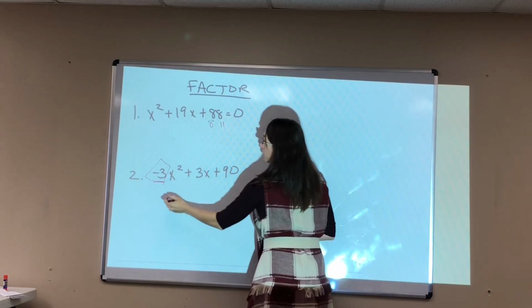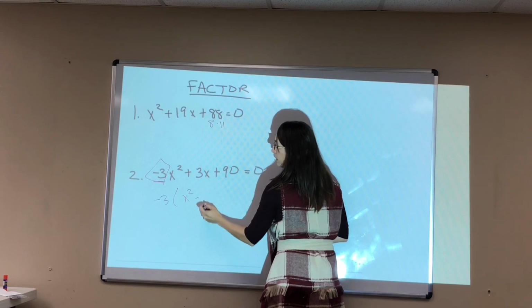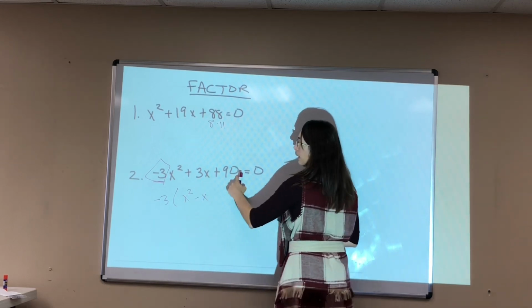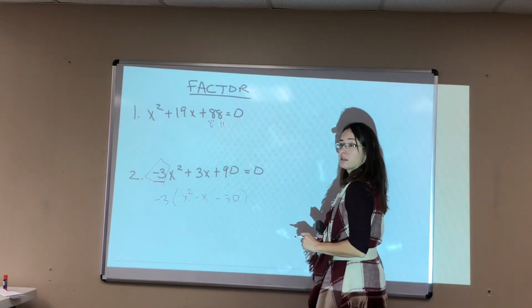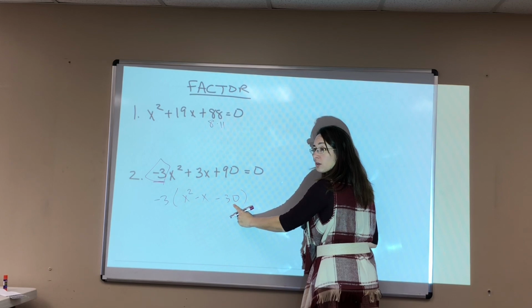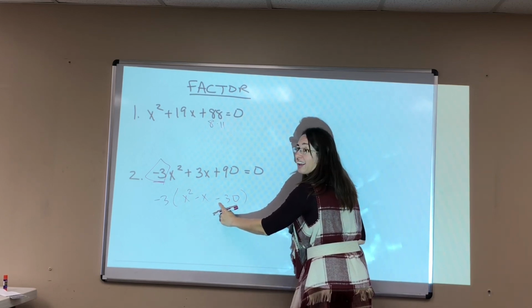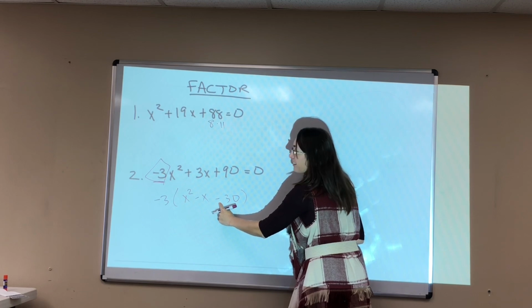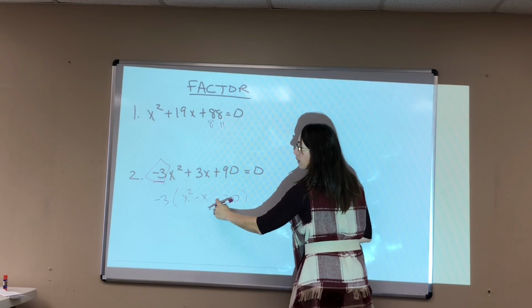So if I take the negative 3 out front, I get left with just an x there. 90 divided by negative 3 is negative 30. Now we read it backwards. So what factors of 30 subtract to be 1?